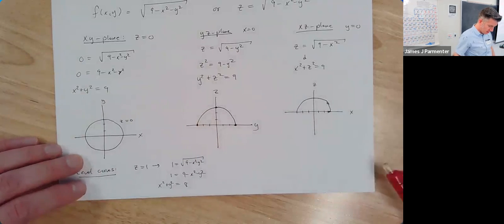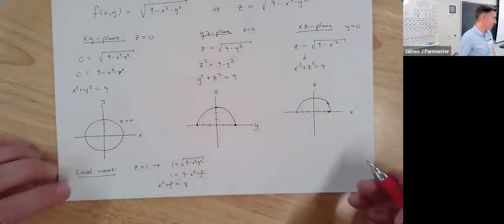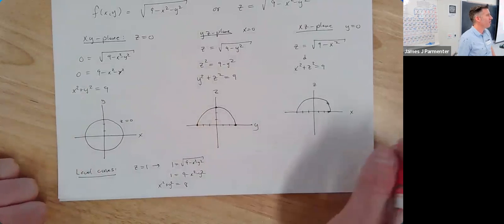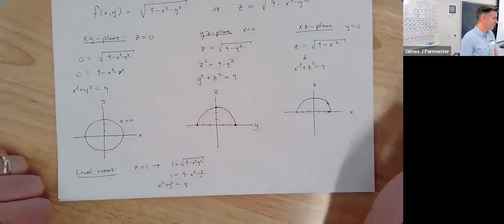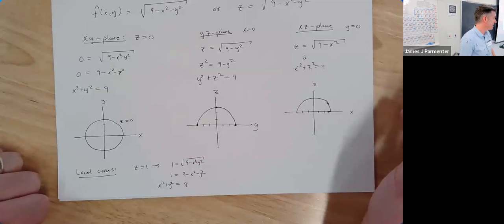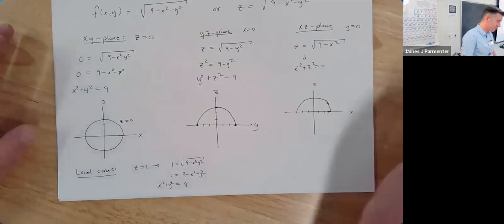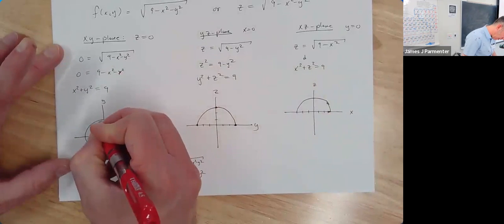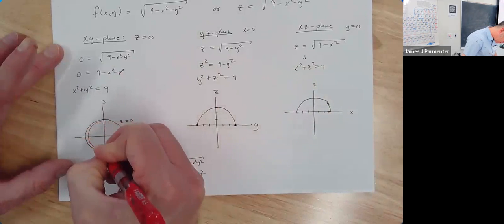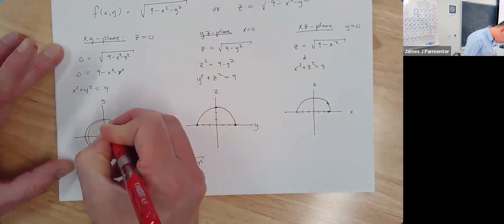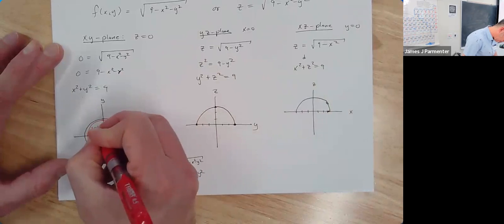And then when z is equal to 1, I'm going to get a circle of radius square root of 8, which is pretty close to 3. It's like 2.8. The only reason I know that is because the square root of 2 is 1.4, and 2 times that is the square root of 8. So I may be right about there. Label it with z equals 1.